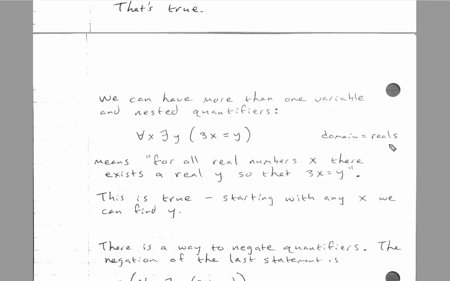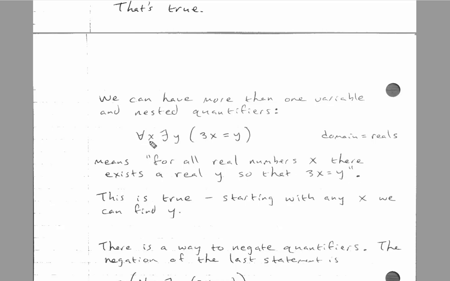The domain is still all real numbers, so this says for all real numbers x, there exists a real number y so that 3x is equal to y. Again, this is going to be true or false.